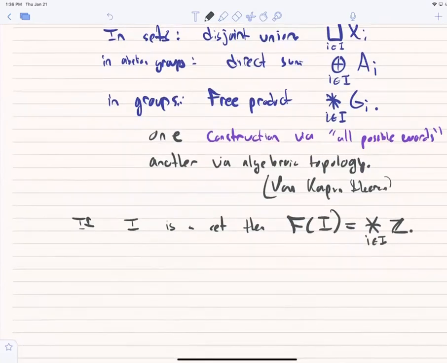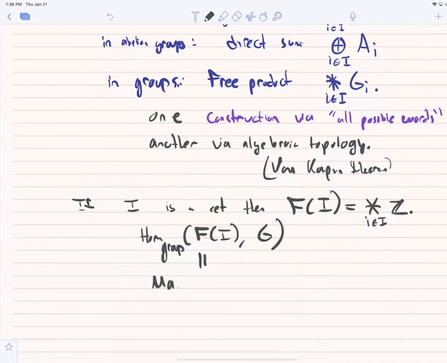And it's characterized by the property that a group homomorphism from F(I), this free group, to another group G is just the same as a map of sets from I, so let's say it this way.